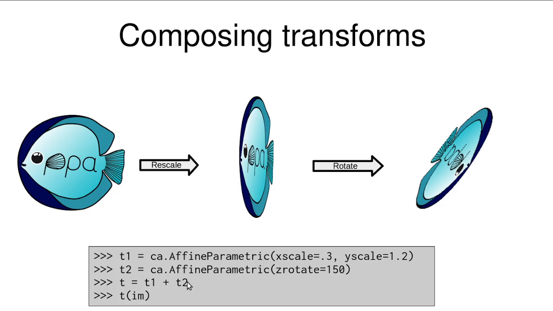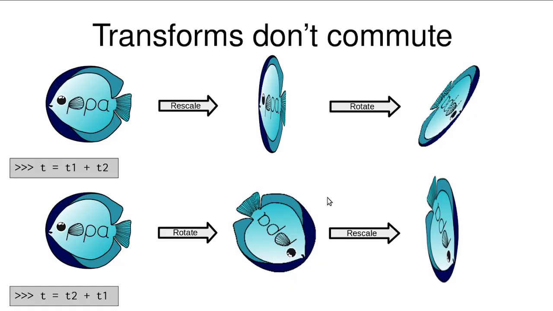Doing t1 plus t2 composes them together, and it does this losslessly, with only one resampling step. You should know too that transforms are not commutative. If you apply the rescaling first and then the rotation, you're going to get a different result than if you apply the rotation first and then the rescaling. So the order does matter here.